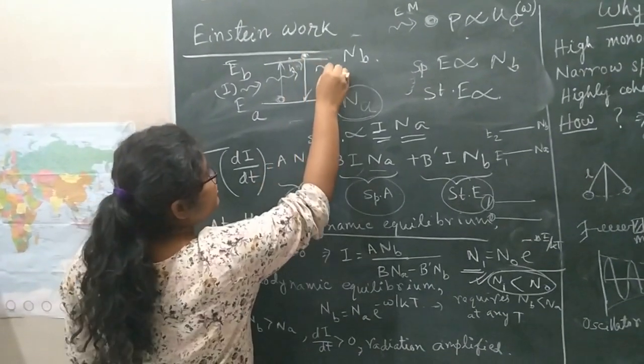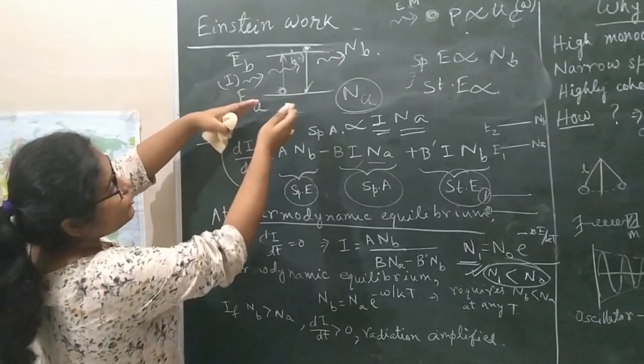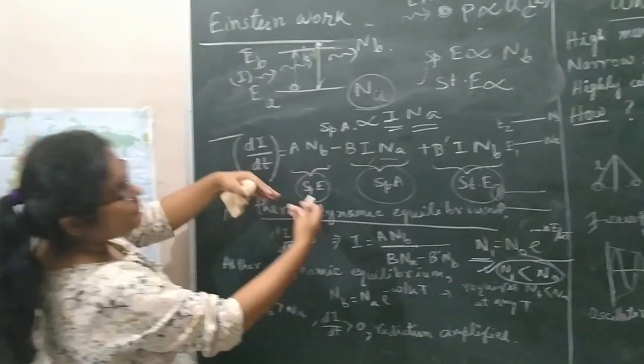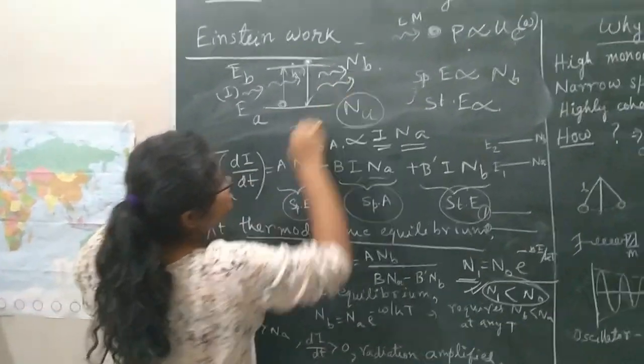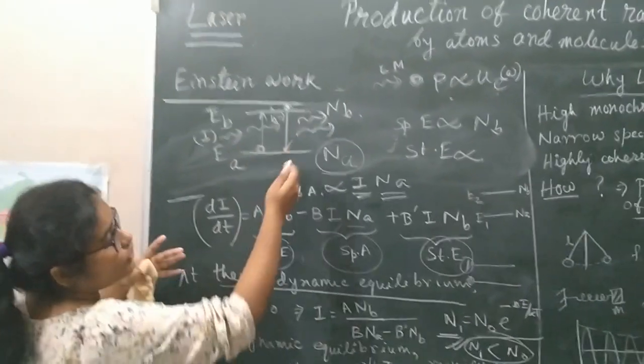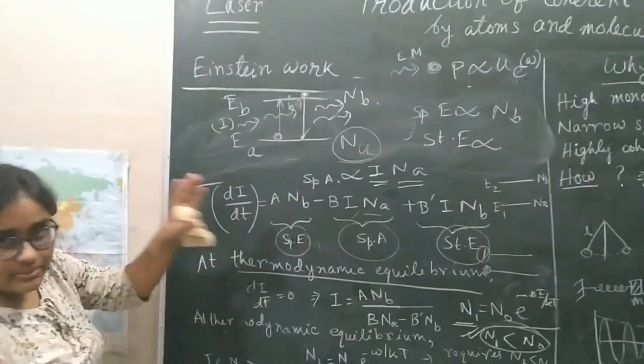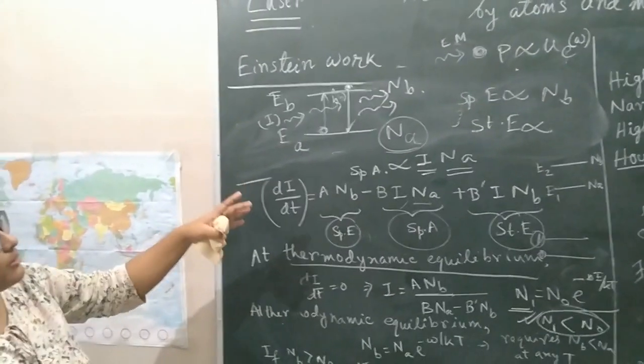So it will radiate, and the incident light which stimulated the atom to come back to its ground state will also remain. So from one photon, you are getting two photons. So this is called stimulated emission.